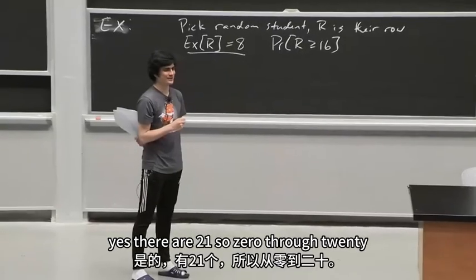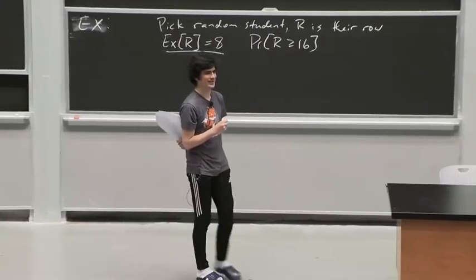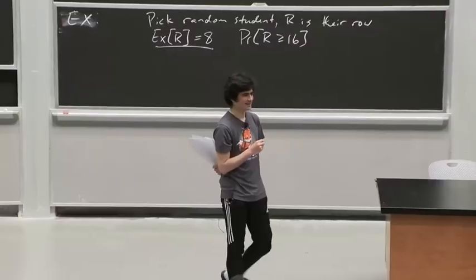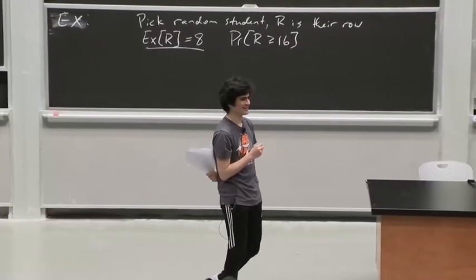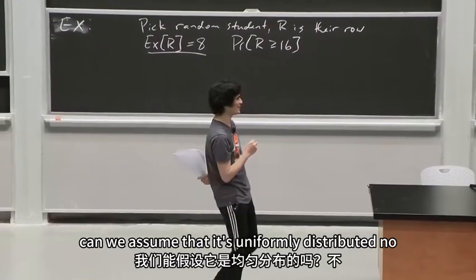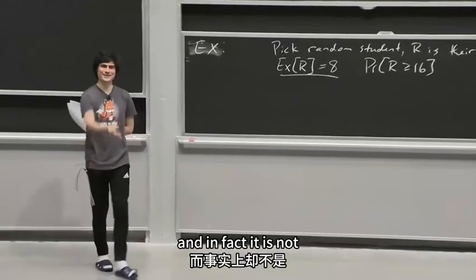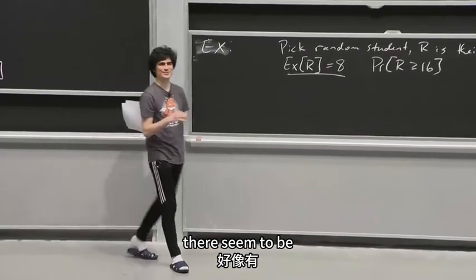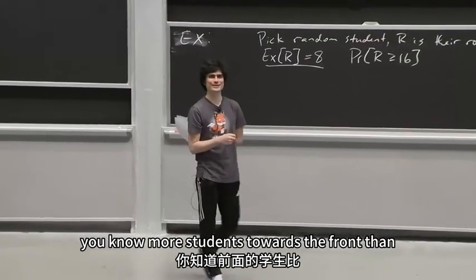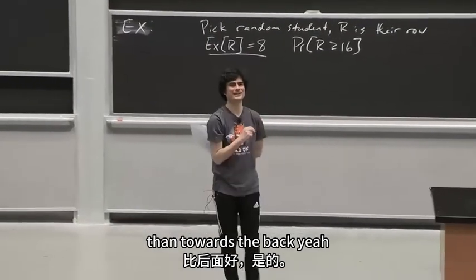Yes, there are 21, so 0 through 20. Yeah. Can we assume that it's uniformly distributed? No. And in fact, it is not. There seem to be more students towards the front than towards the back.